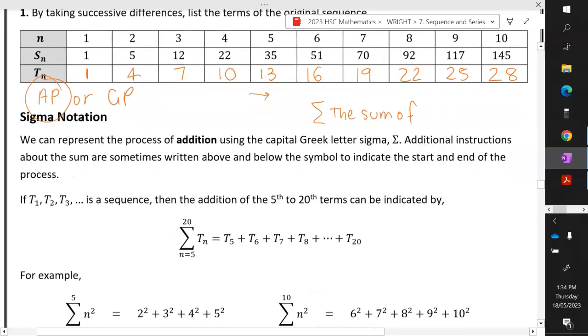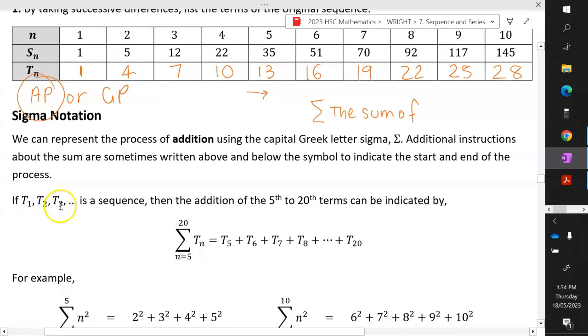Now, in this case, we've got T1, T2, and T3 making up a sequence, so lots of terms here. And we can work out what the addition of the 5th to the 20th terms are, and we can write it in terms of sigma. So we've got our sigma symbol here, and down the bottom and the top we've got values. So we're saying that we're going to sum from n equals 5 to n equals 20.